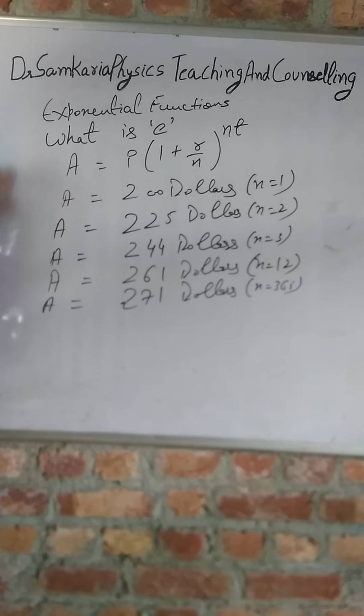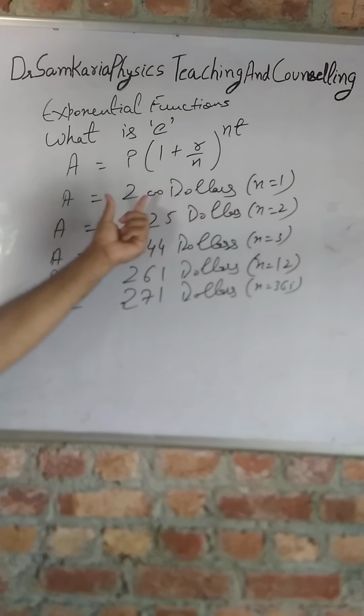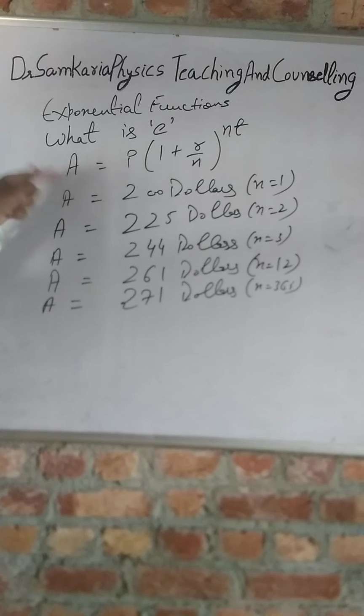So what are we seeing? We are seeing that our computed value keeps getting larger and larger the more often we compound, because if we compound once in a year, we are only getting $200 from $100 at a growth rate of 100%. But if we are compounding twice a year, we are getting $225.